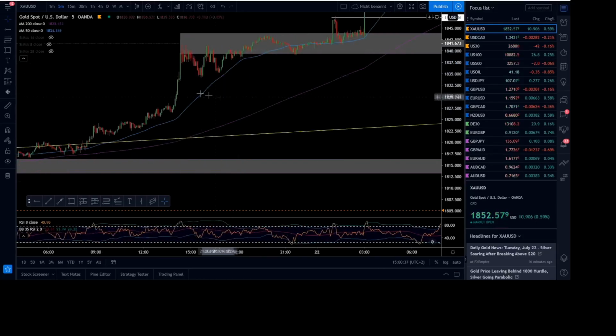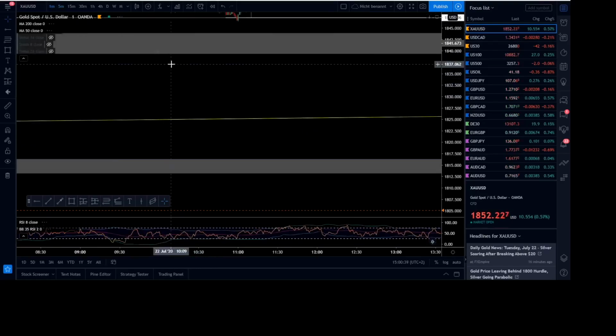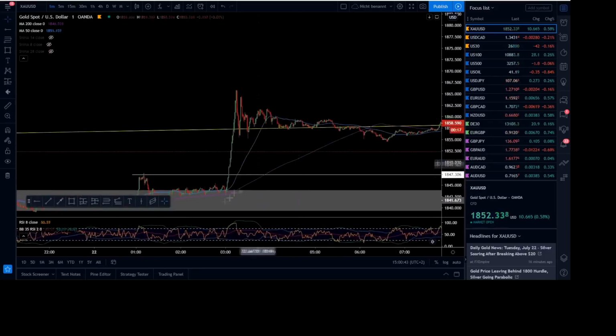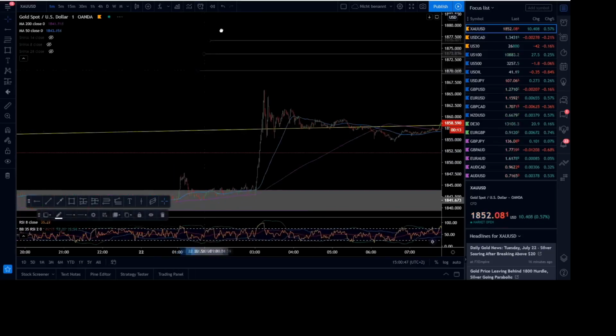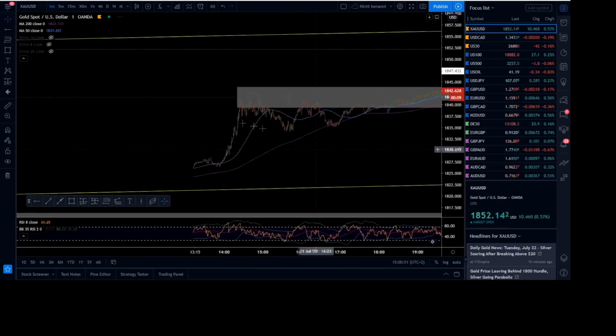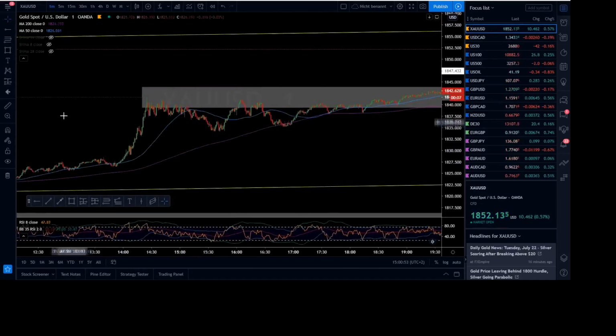But then let's check the 1-minute chart, because I was checking the 1-minute chart for the exit, after this huge push.